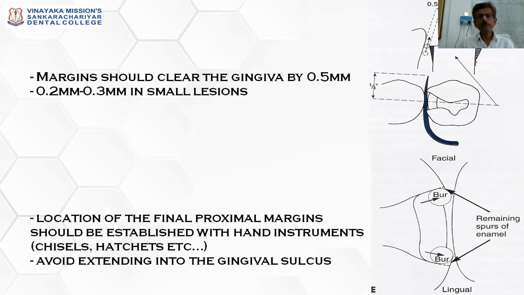Now, why do you want to keep this particular geometrical configuration of 0.5 millimeter from the adjacent tooth? That is basically to keep the margins of the cavity in a self-cleansable area. Now, what do you understand by the term self-cleansable area?